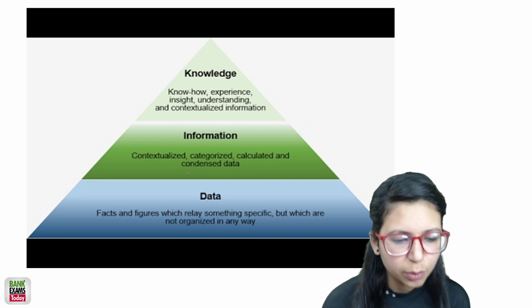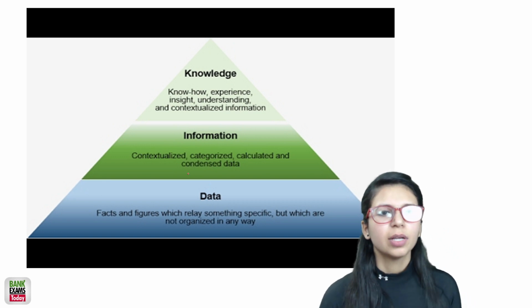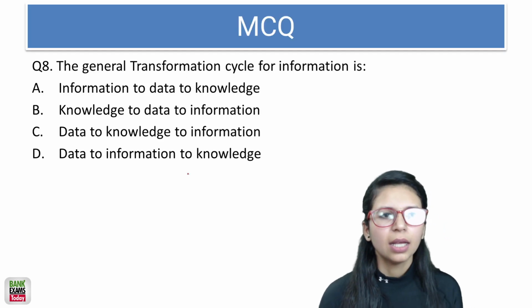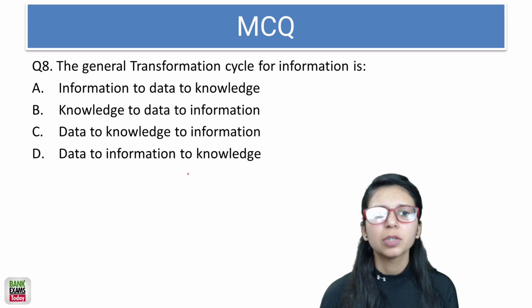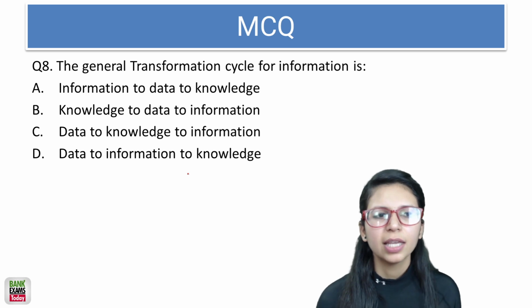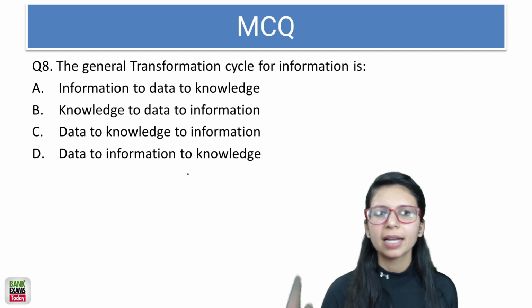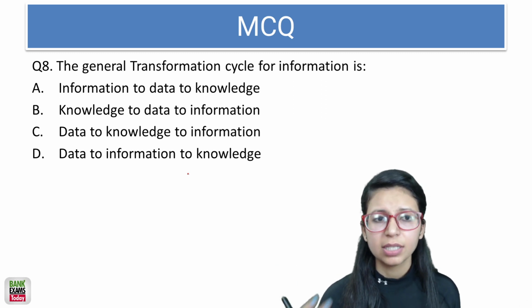Yeah, you were right, Manish. Now, knowledge, information and data, right? For the general transformation cycle for information, they are trying to tell how data, information and knowledge are related.